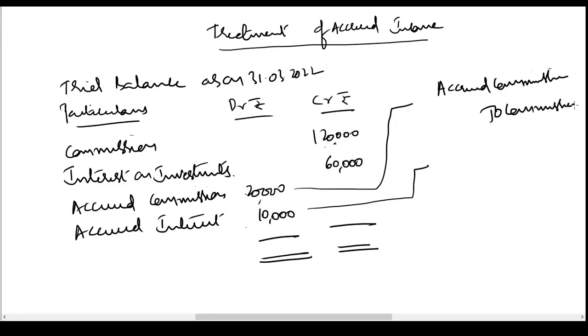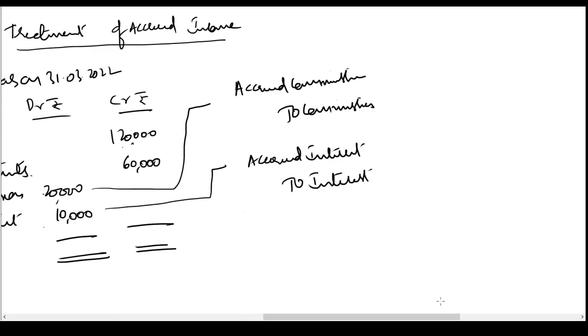This entry has already been passed, and for interest, accrued interest account debtor to interest income, this entry has already been passed. So these entries have been passed. The respective entries have been posted in their ledgers.